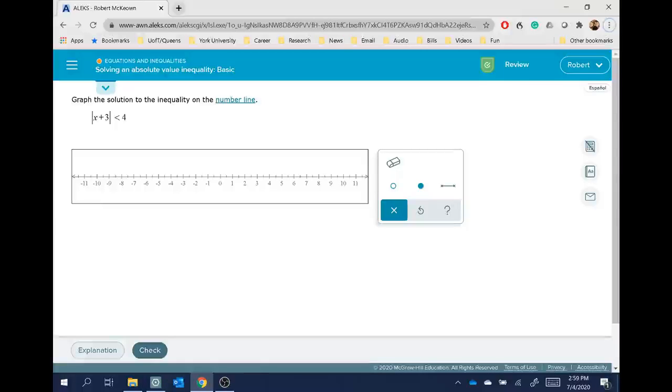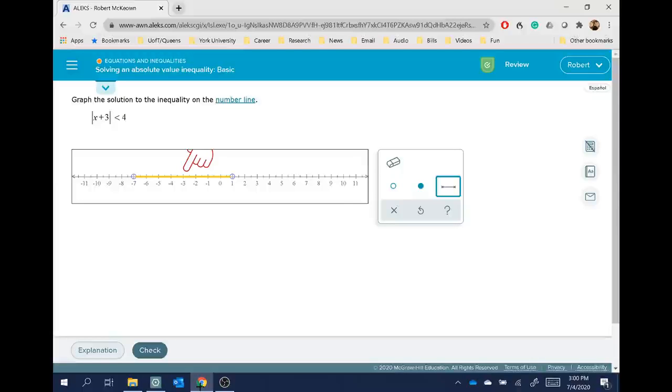Here's the question on ALEKS. I'm going to use the circle that is hollow, and I'm going to identify the 2 points of interest. The 2 points of interest are 1 and -7. Then I'm going to press this line icon, and it looks like it's automatically filled in the correct interval where this inequality is satisfied.